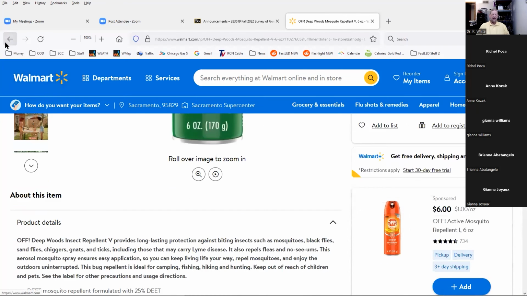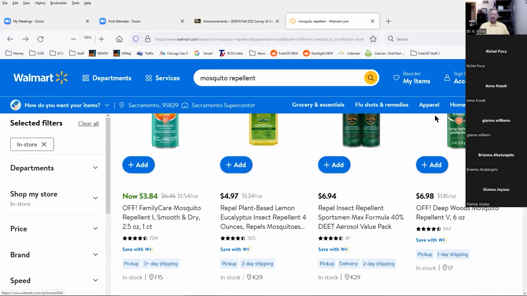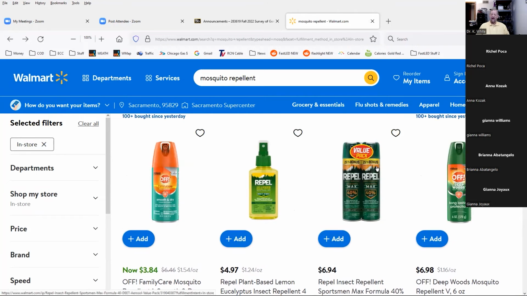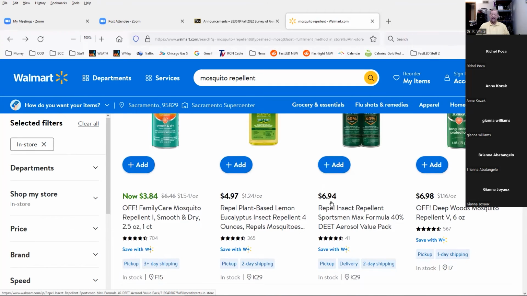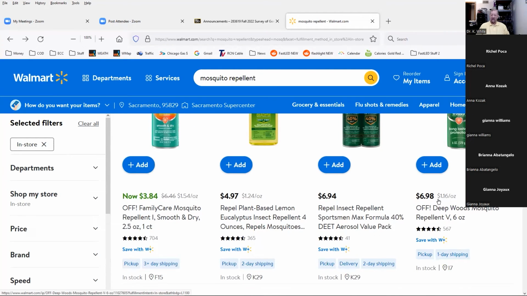Being an organic chemist, I looked at the price of the Repel, which has more of the chemical. Here they have 2 bottles for $6.94. Here they have 1 bottle of the Off, which has almost half the active ingredient at double the price. Which one did I buy?